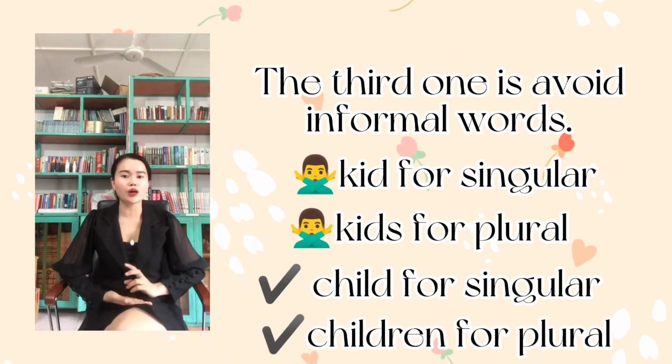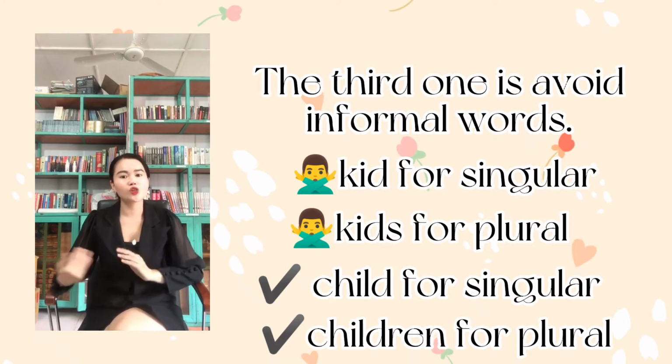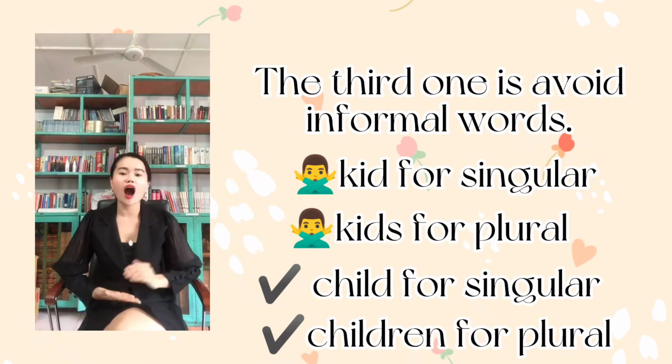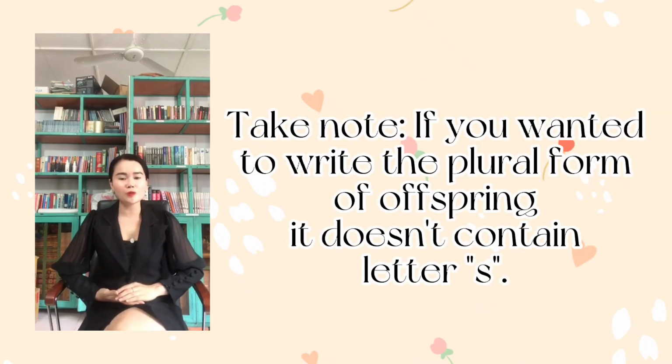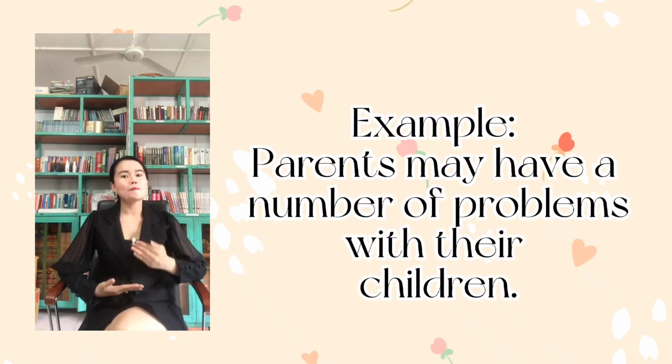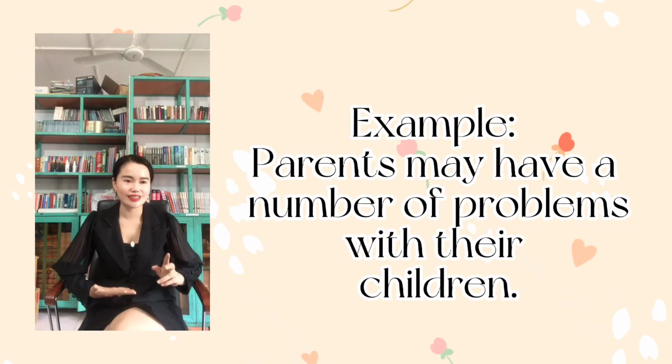Or if you want to avoid repetition, you can use the word offspring, which means a child or children of a particular person. Take note, if you want to write the plural form of offspring, it doesn't contain letter S. Example, parents may have a number of problems with their children instead of writing kids.